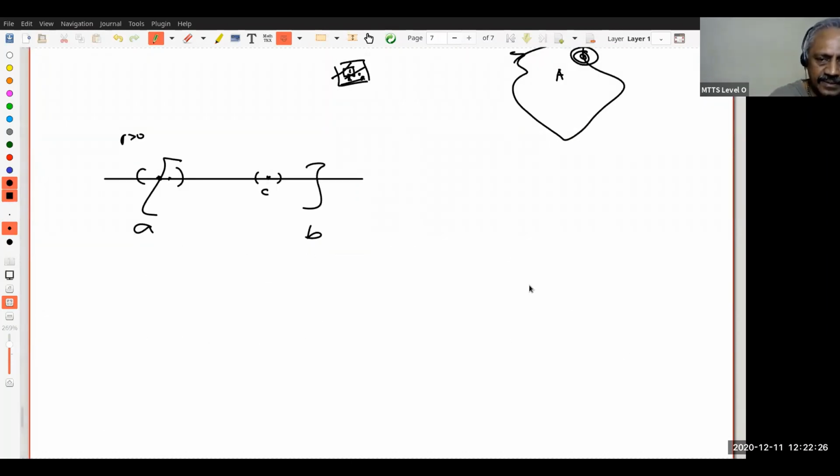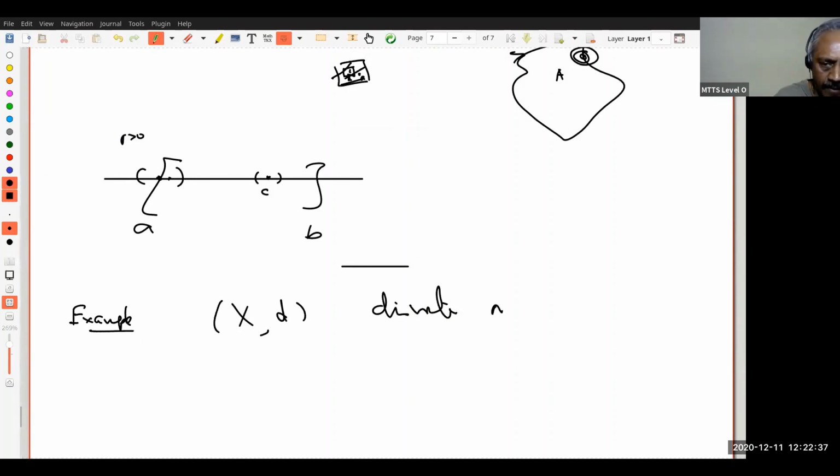Okay. The last one I forgot. I don't think we did the discrete space, right? Let (X,d) be a discrete metric space. Let A be a subset of X. Is it closed? Remember, we have seen that in a discrete metric, every subset of X is open.